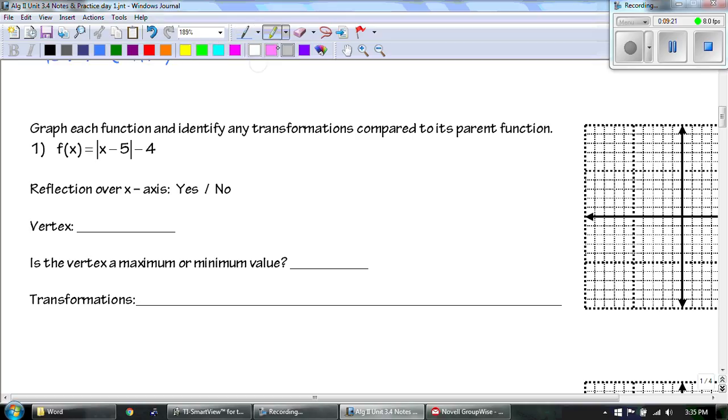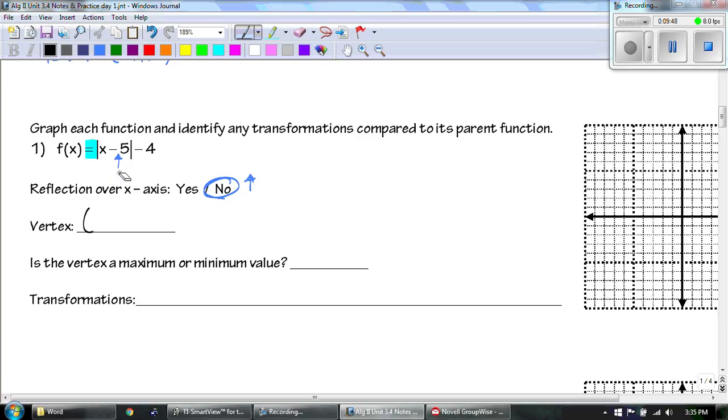Well, if I'm looking for a reflection, I look out front. Since there is no negative, there is no reflection. Boom, done. So I know that it's going to be opening up. My vertex, where I start, I take the opposite of that number.